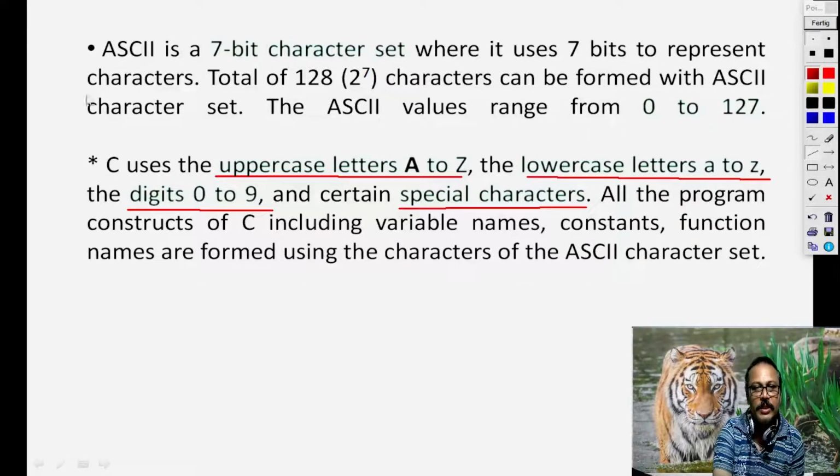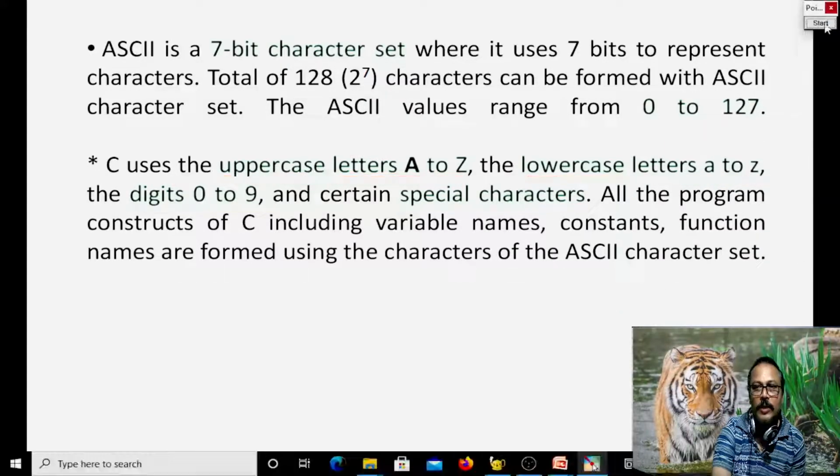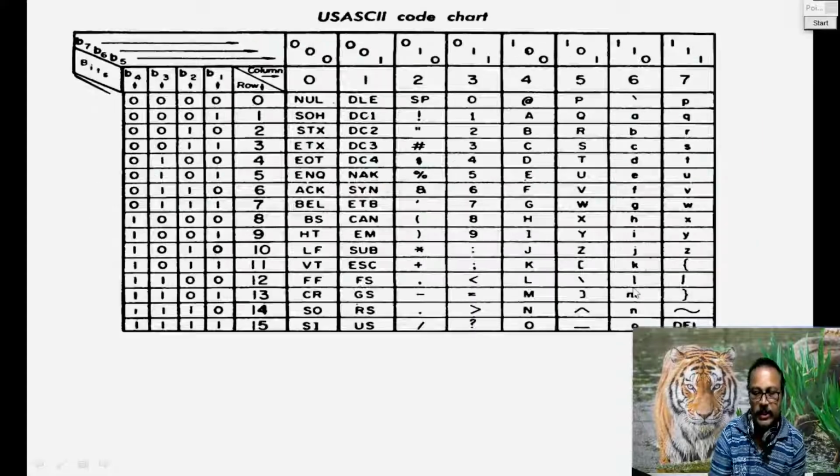These are the characters that can be used in a C program. Your C program will consist of only the characters that are defined in the ASCII table.